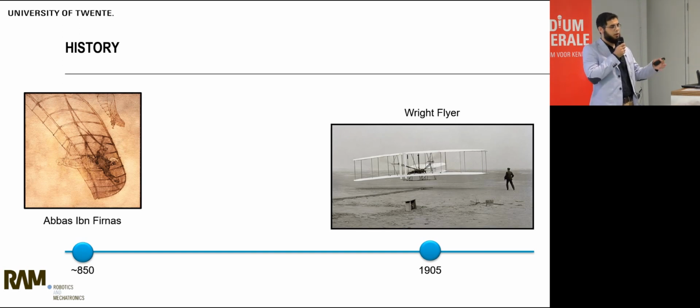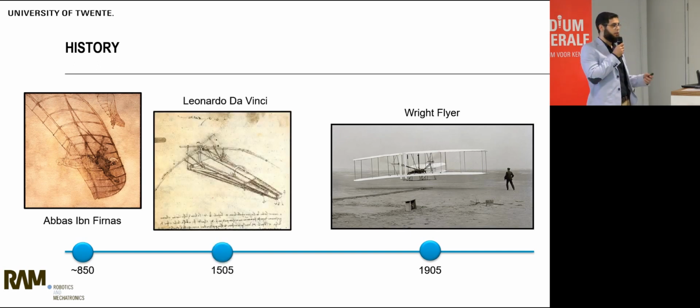And even after that, people started to try to develop flying machines. Even Leonardo da Vinci, one of his sketches was found to be an attempt to design a wing for a manned powered flight.